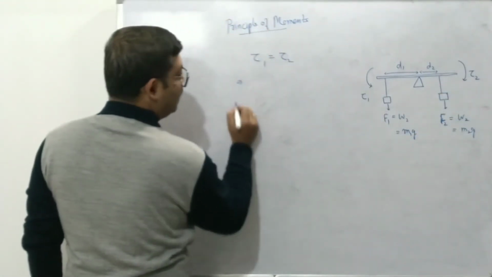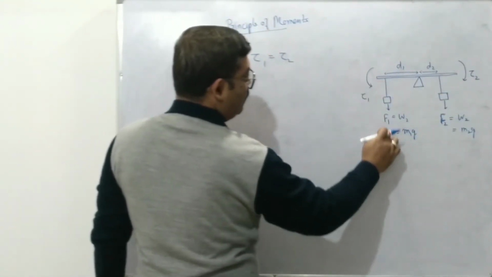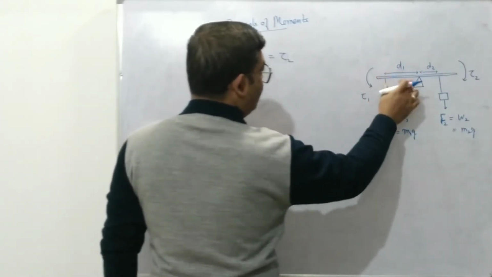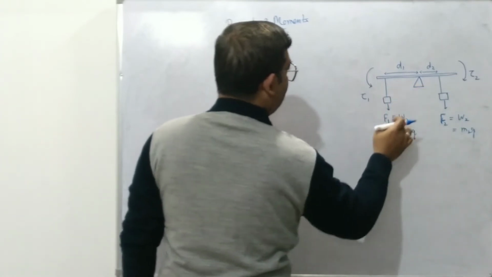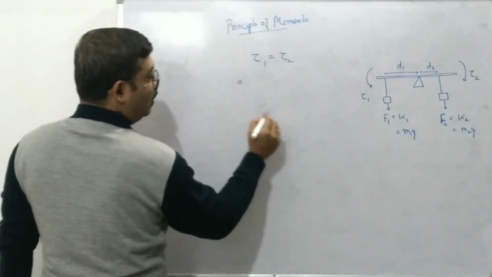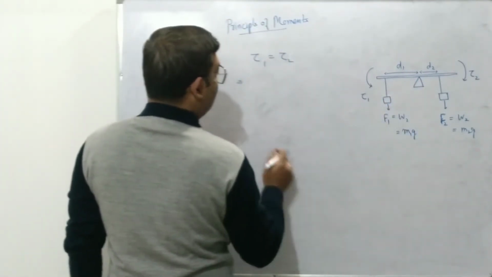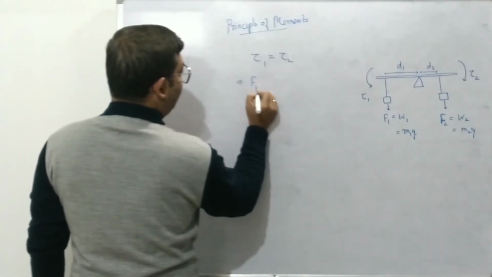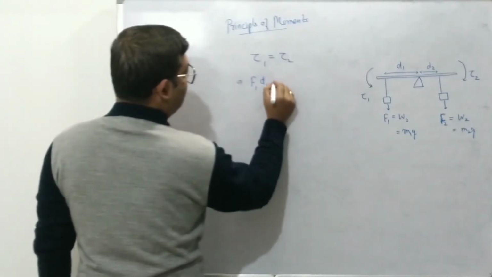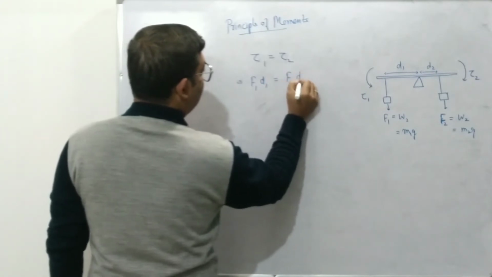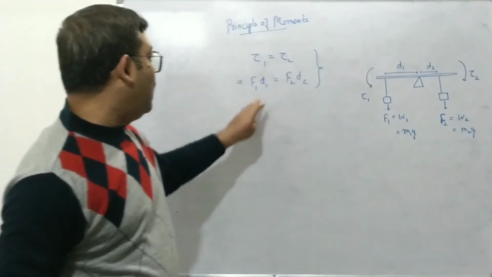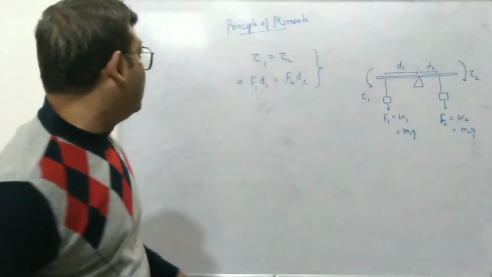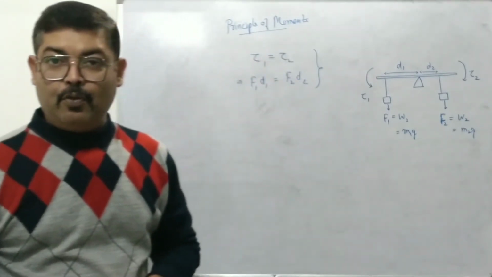Since this force is vertically downward and this is horizontal, the perpendicular distance between the line of application of the force and the fulcrum point of rotation for the left hand side will be: force F1 and distance d1, and this will be F2 d2. So this particular expression tau 1 equal to tau 2, or F1 d1 equal to F2 d2, is known as the principle of moments.